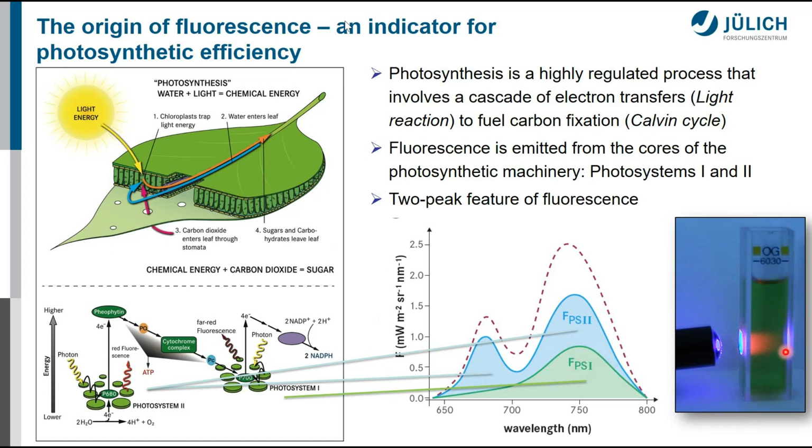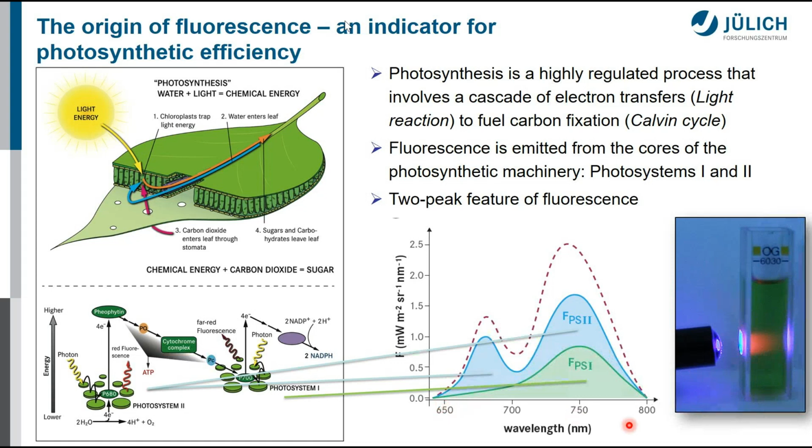So what you see here is a solution of green pigments of intact photosynthetic machinery. If you shine blue light on the solution and look carefully from the side, you see a red light emitted as a red glow from this photosynthetic apparatus.